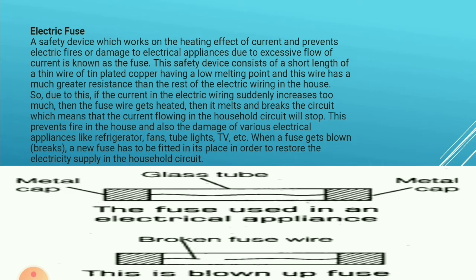This prevents fire in the house and also prevents damage to the various electrical appliances like refrigerator, fans, tube lights, TV and so on. When a fuse gets blown, a new fuse has to be fitted into place in order to restore the electricity supply in the household.